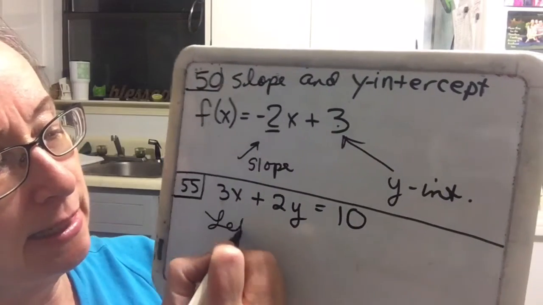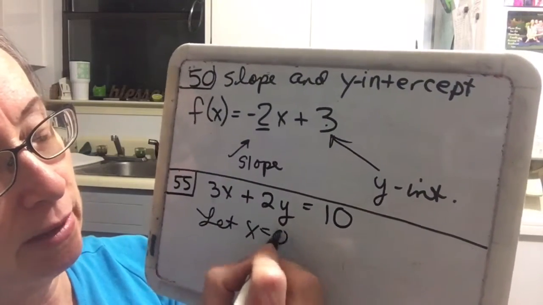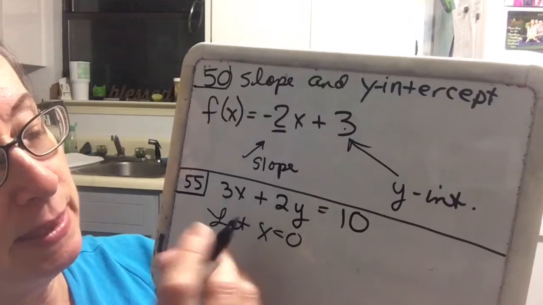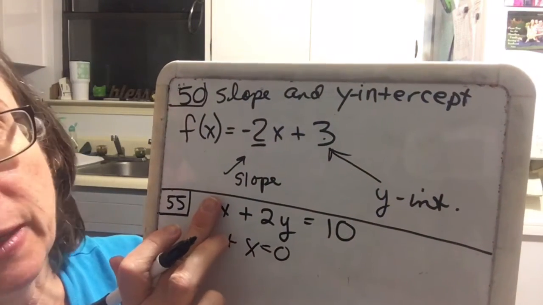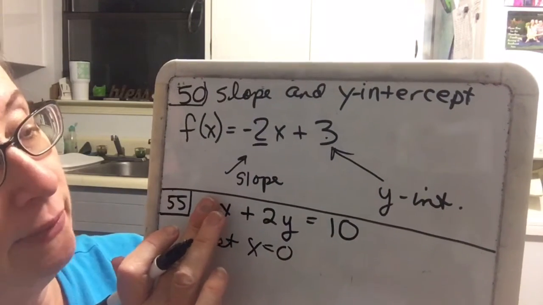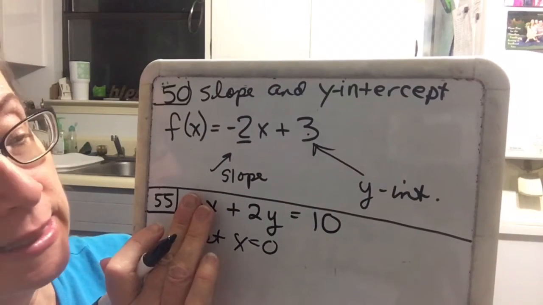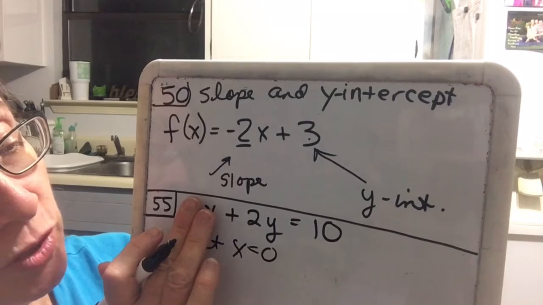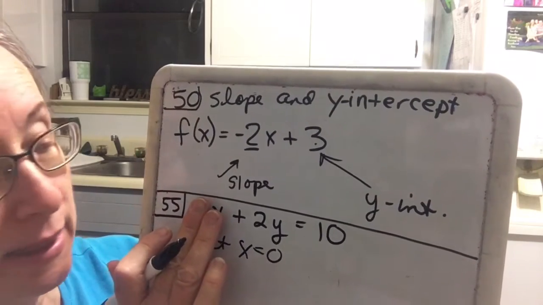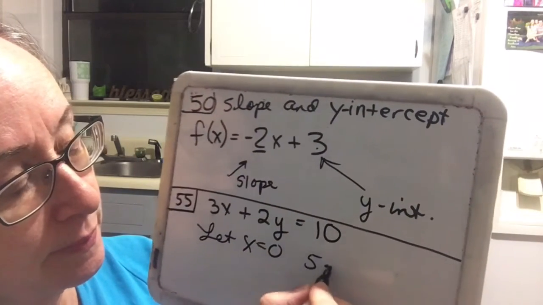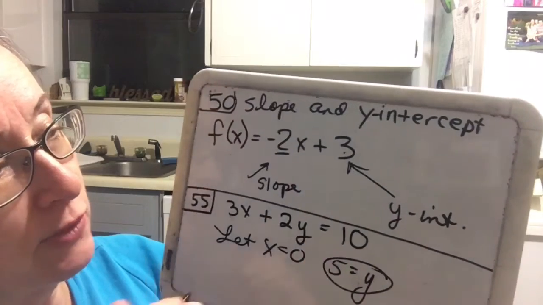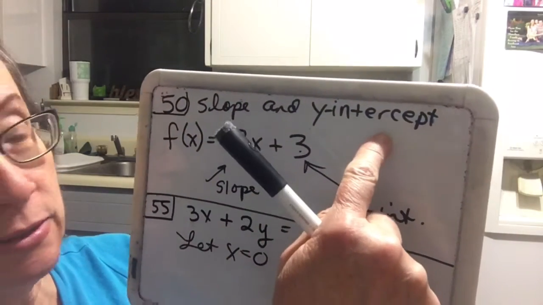So we let x equal 0. And when we let x be 0, I'm going to cover that one up with my finger real quickly. Okay? And then we're going to have 2y is 10. If 2y is 10, then y is 5. So y is 5 is the y-intercept.